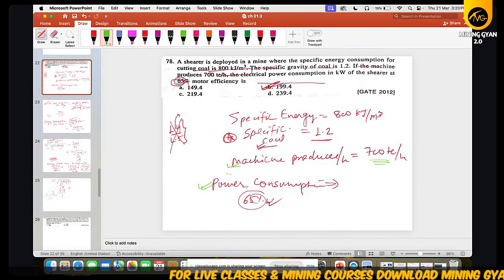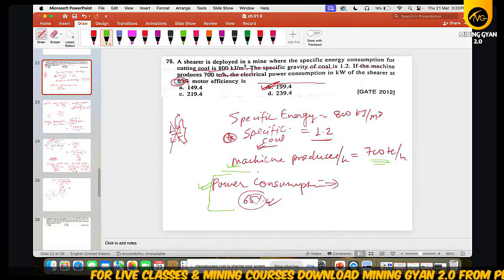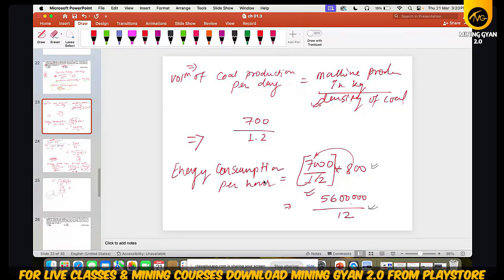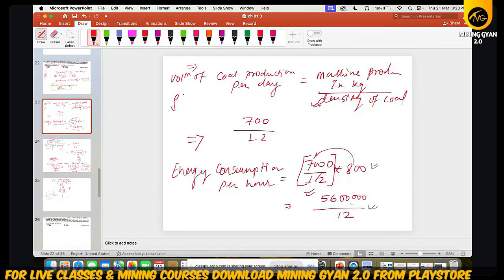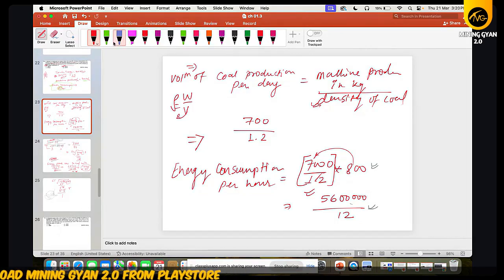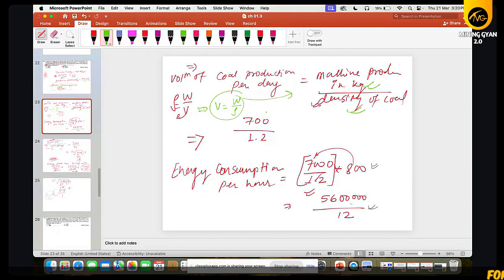We have been given the power consumption efficiency 65%. So we know how to calculate the volume of coal. Volume of coal, density equals what? Weight by volume. So volume equals weight by density. So machine weight will be 700 and the density will be 1.2.